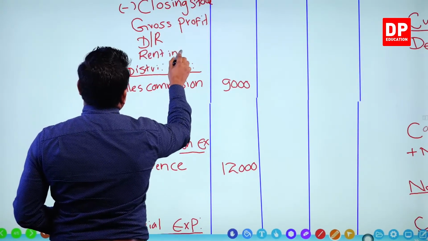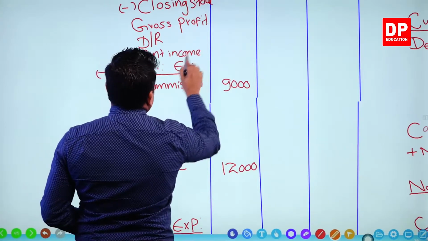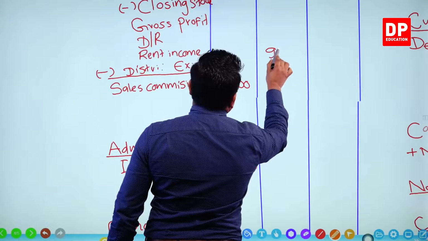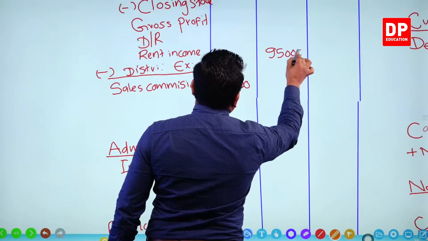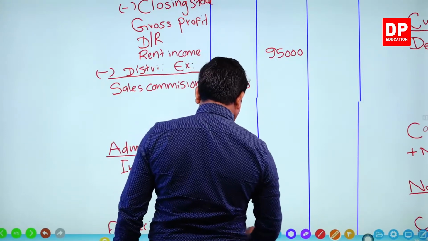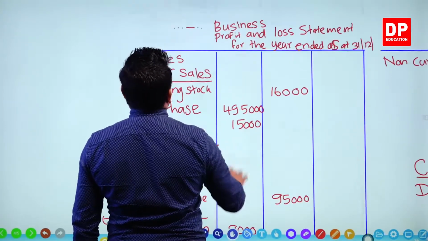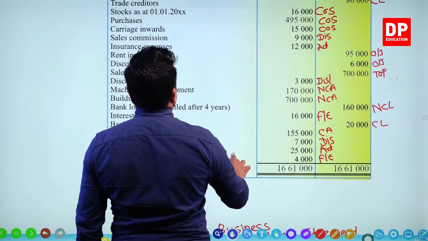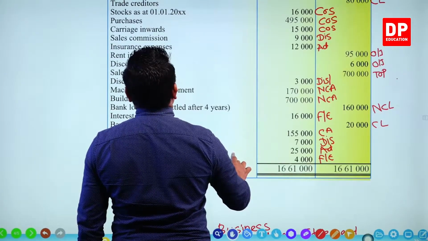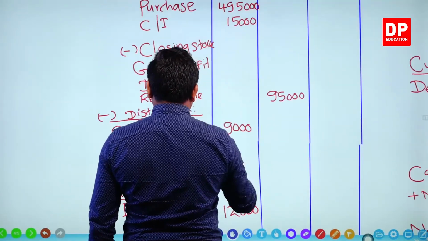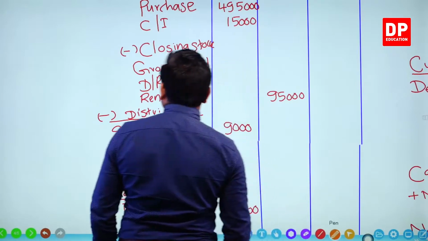Do you remember? I forgot it before. What is the type of the income? Discount received is given. Is it 6,000 or 9,000? Check it again. Discount received 6,000. It is 6,000.